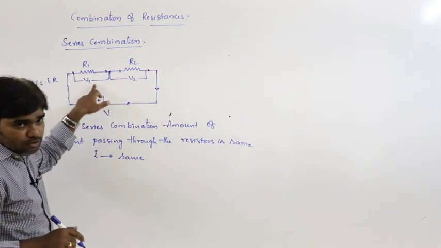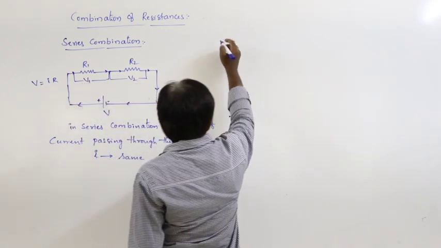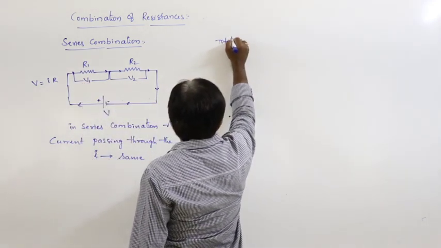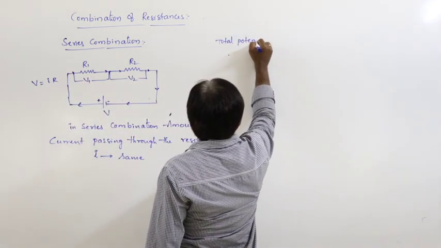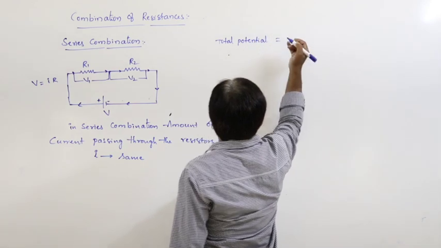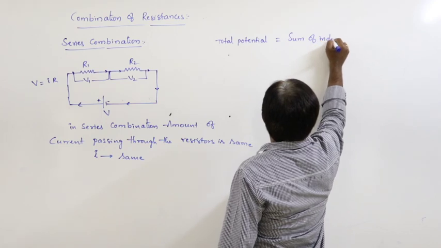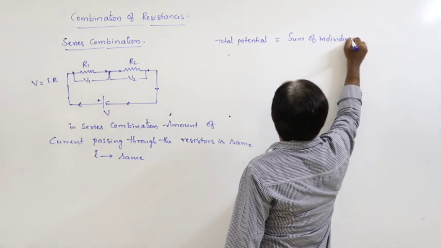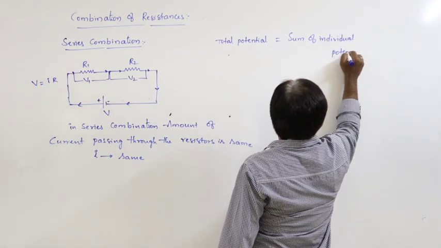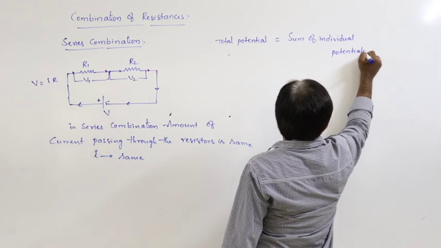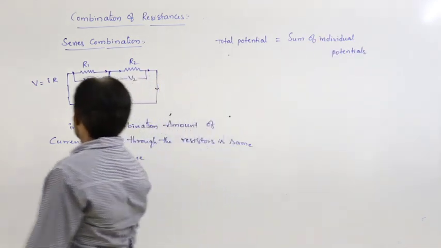So potential must be dropped here. So the total potential can be written as the sum of individual potentials.